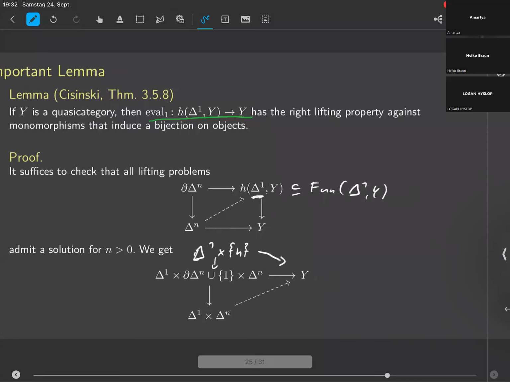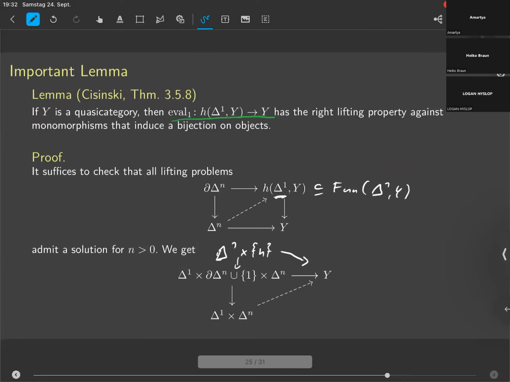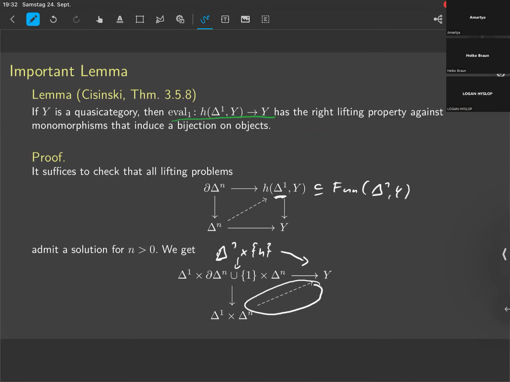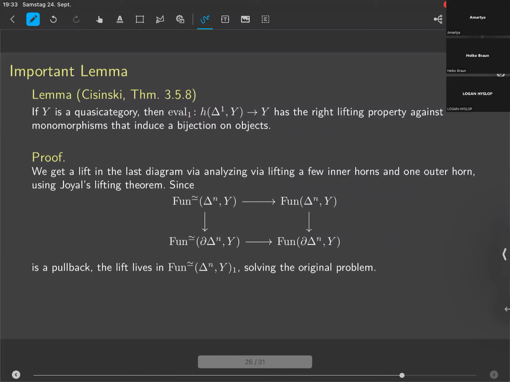And this is useful because the way to prove it is we can get a lift in this diagram. So this lift here exists. We take this inclusion here, and it is known that we have to successively lift a few horns to get the lift there, and these are first a few inner horns, and at the last stage we have to lift an outer horn.